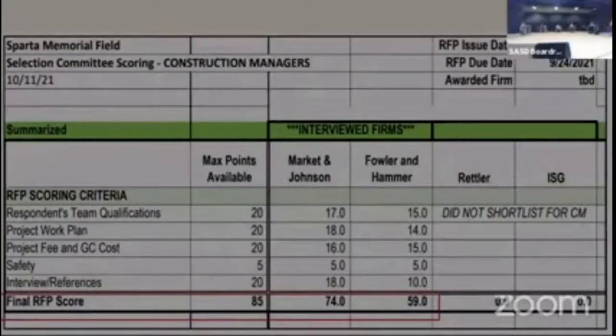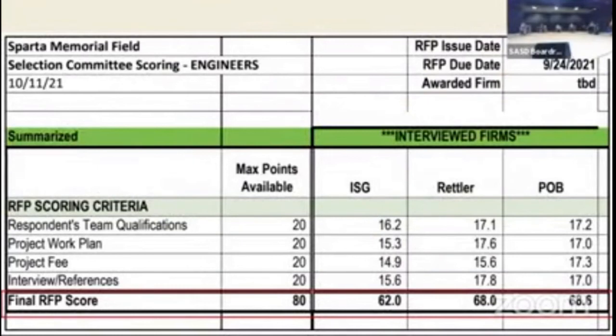Scorecard, that's the engineering, right? Yes. $80,000 is $80,000.